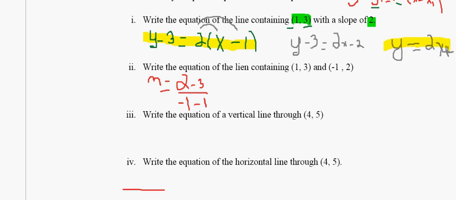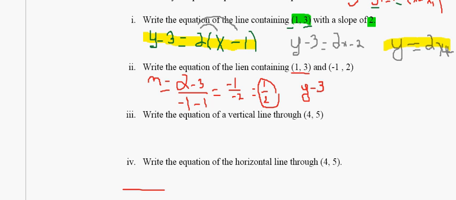I'm going to do y2, so that's a 2, minus y1, which is a 3, over x2, negative 1, minus 1. So that is negative 1 over negative 2. That's 1/2. Okay? The 2 negatives make a positive.